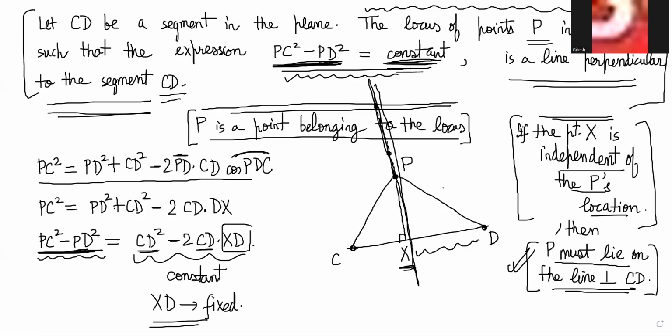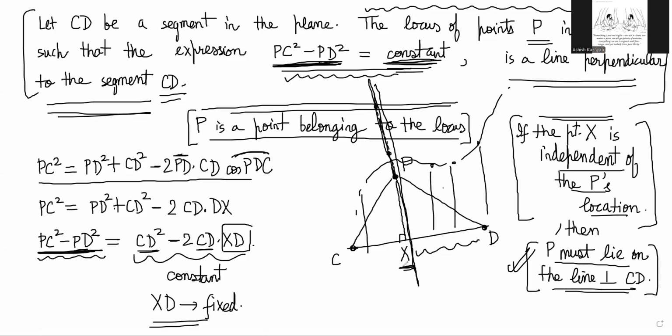Then X is not necessarily fixed. Do you understand? Obviously, it will never be fixed if it is anything else, because from different positions of P the perpendicular on it will obviously be at different locations, right? Yes, sir. Because we're asking for a single line, we want it to be a fixed point.